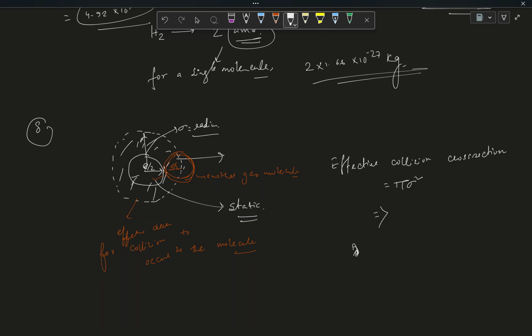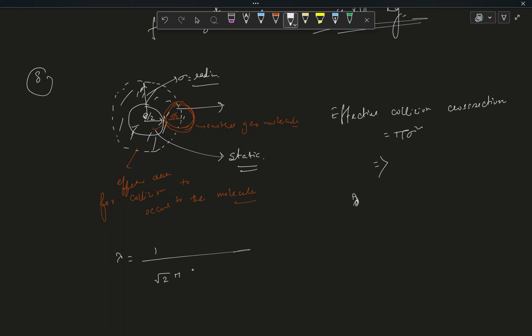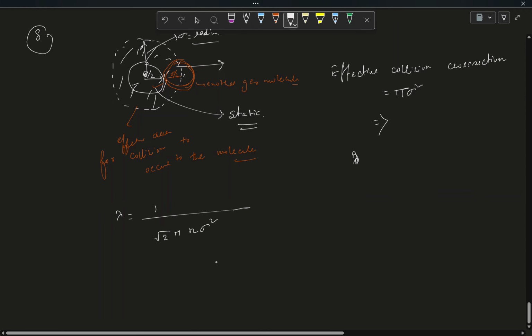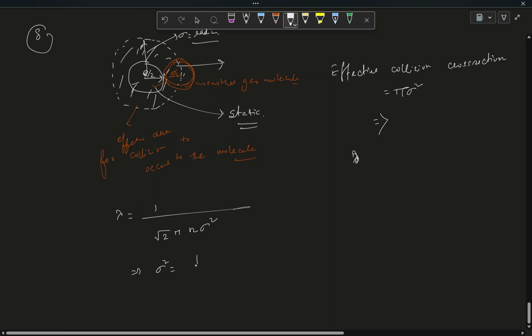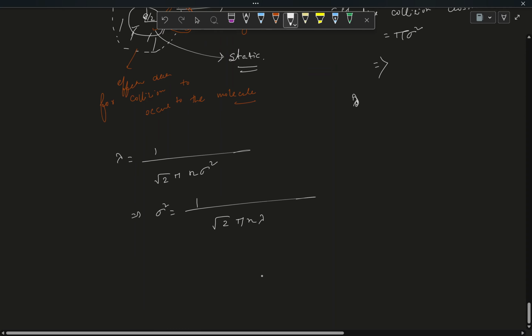Now you have in the question the value of lambda given, the mean free path. So lambda is nothing but 1 over root 2 pi n sigma squared, right? So then sigma squared is obtained as 1 by root 2 pi n lambda.